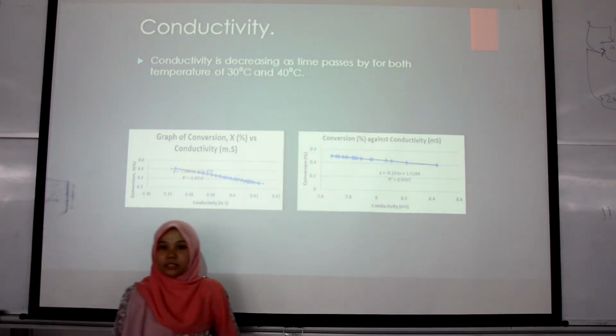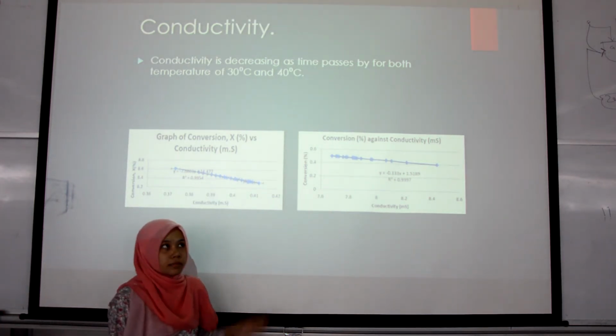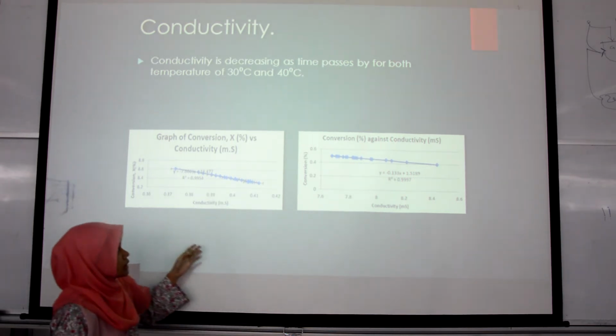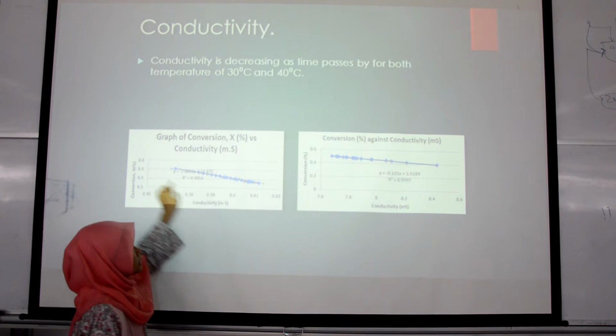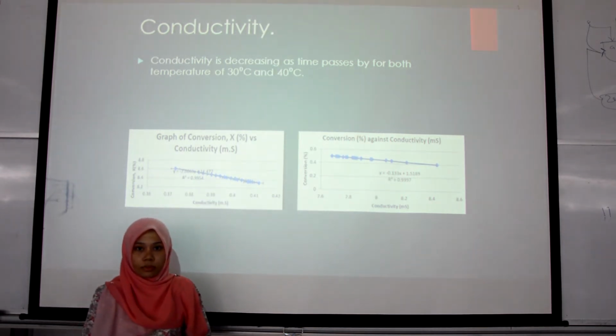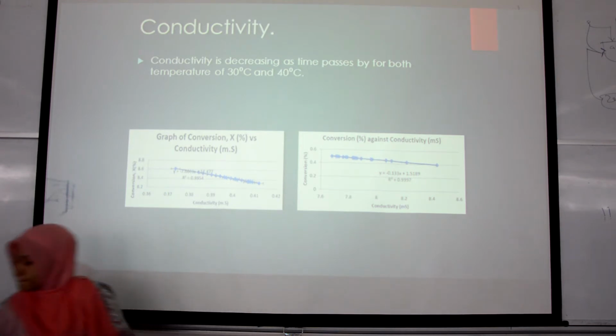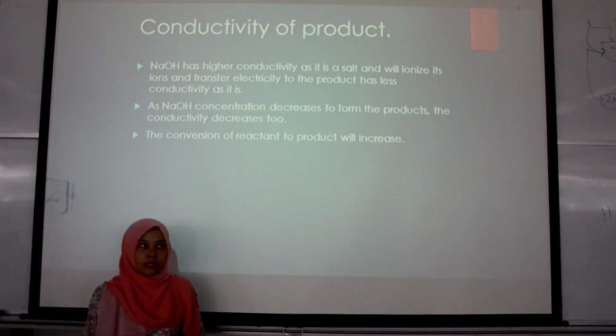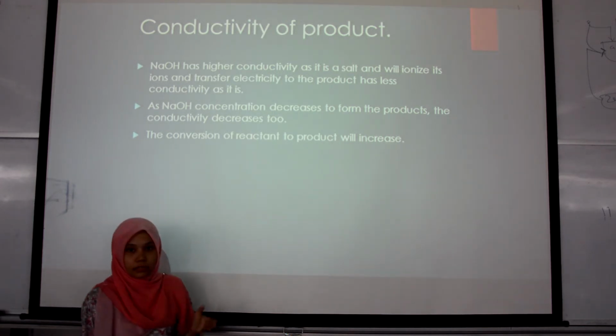The next one is conductivity. As time passes, the conductivity will decrease, and this graph shows that as conversion increases, the conductivity will decrease. This is the same for both temperatures. This can be explained by the conductivity of sodium hydroxide.